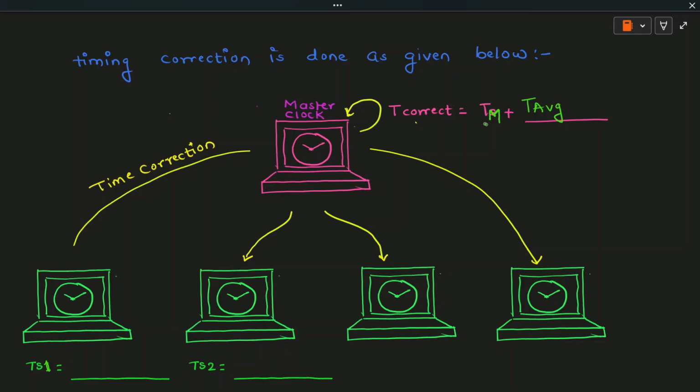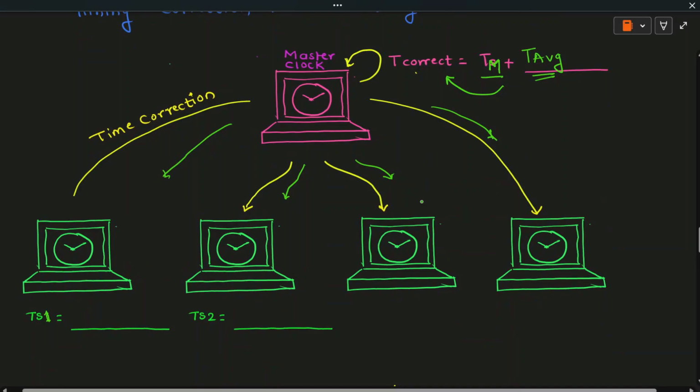Tm is the master's time and T average is the average of the time differences. With that we get the T correct time. This T correct time will be sent by the master to the different slaves for time correction, and based on it, the slaves will correct their time.